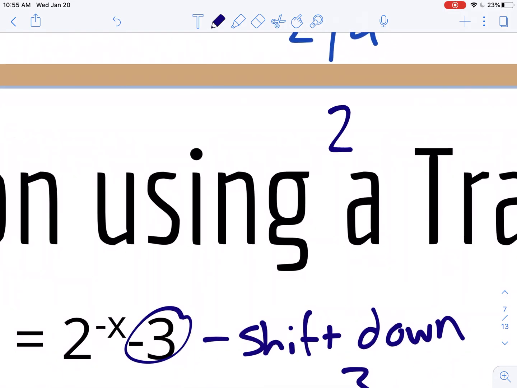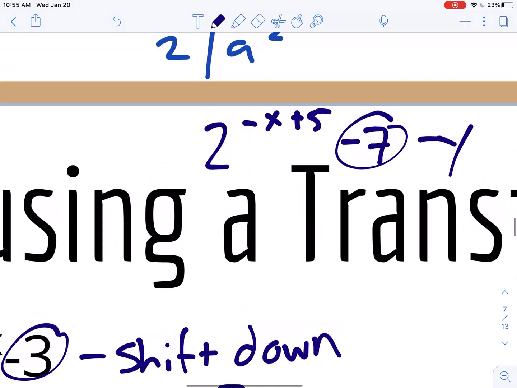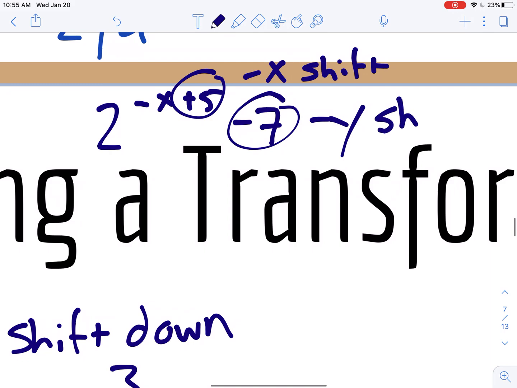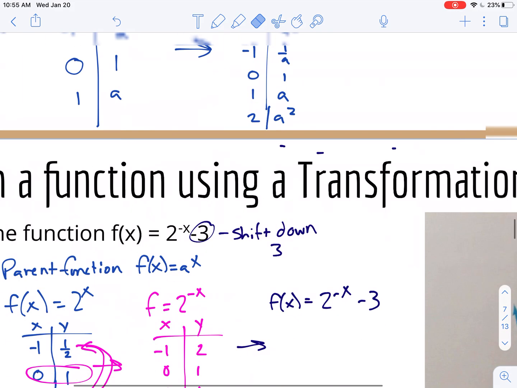So if I had something like 2 to the negative x plus 5 minus 7, well, then the plus 5 would be my x shift, or horizontal shift, and this minus 7 is my y shift, or vertical shift, where it's happening outside. So if you have something happening in the exponent, that's a horizontal or x value shift. Anything that's not happening in the exponent is going to be a y value or vertical shift.